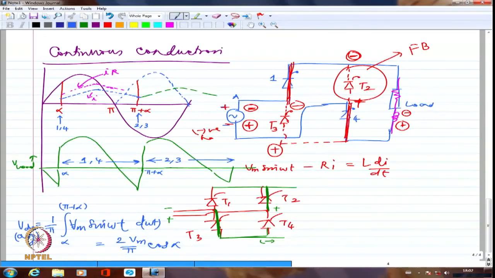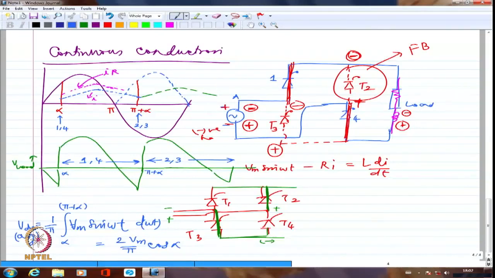So, what is the application? If I want a lower value of armature voltage to get a lower speed in a DC motor drive, I can increase alpha, right? I want to have a controlled rectifier feeding a DC motor drive.